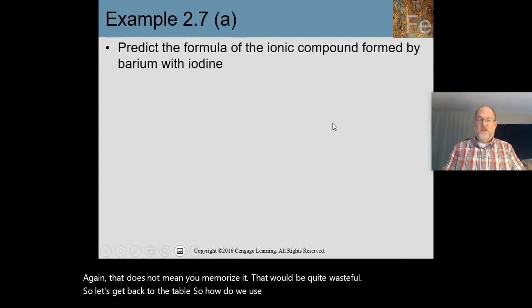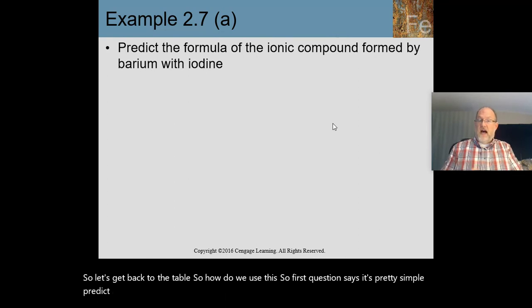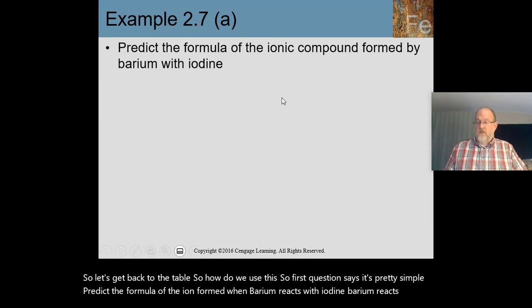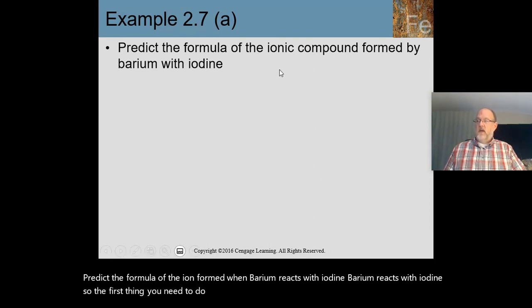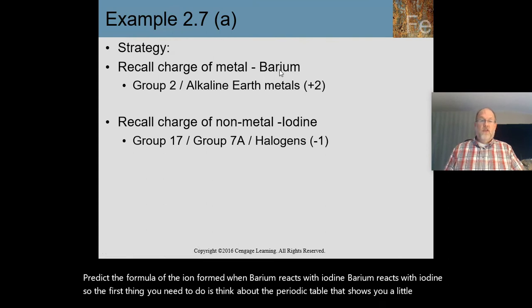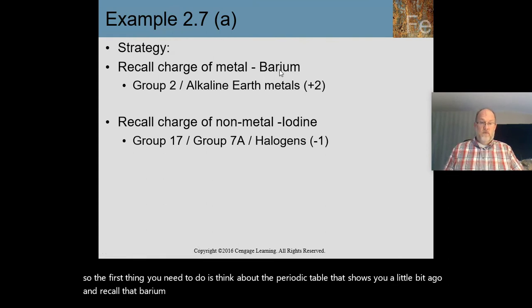The first question is pretty simple: predict the formula of the ion formed when barium reacts with iodine. The first thing you need to do is think about the periodic table that I showed you a little bit ago and recall that barium is in column 2 or group 2, and the alkaline earth metals all form a +2 charge.